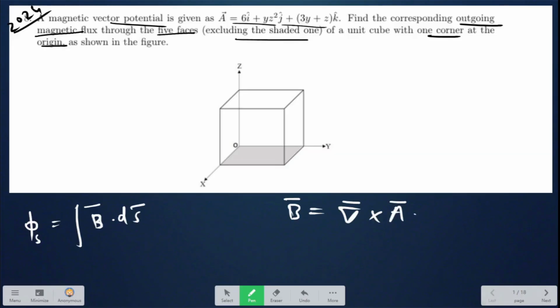Now, if we are only considering the 5 phases, then it is not a closed surface. So what we do is we also include the shaded surface so that it becomes a closed surface.